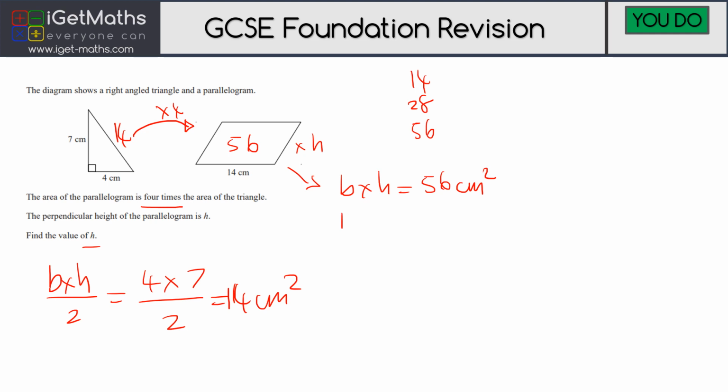We know the base is 14 times the h equals 56 centimeters squared, and this is quite simple because we've got 14 here. We're going to take the 14 over and divide by 14 to leave us with the height, which is just quite simply 4.